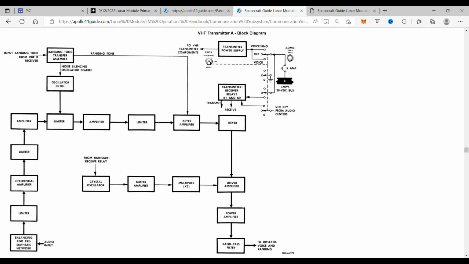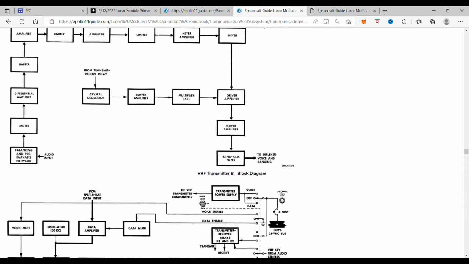When the Lunar Module and Command Service Module are behind the Moon and communication with the Manned Space Flight Network, MSFN, is impossible, VHF Channel A is used for simplex Lunar Module Command Service Module voice communication.